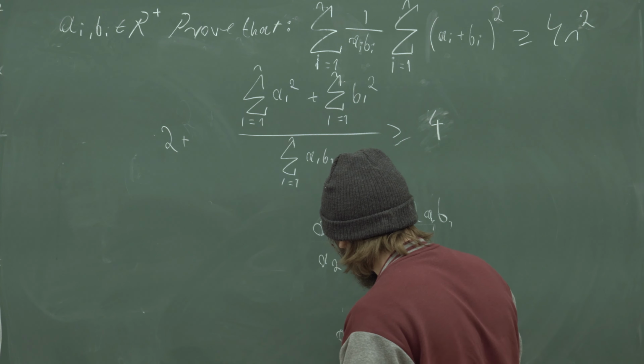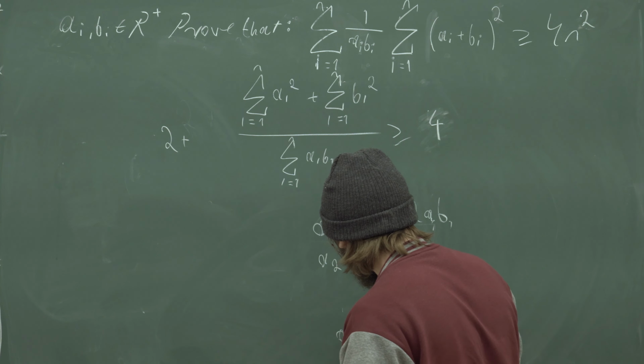And I would like to add up all of those inequalities. If I add those up, on the right-hand side I'm just going to get 2 times the sum from i equal to 1 up to n of ai times bi.